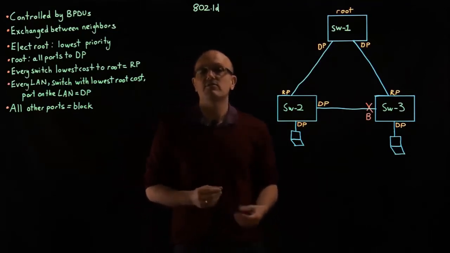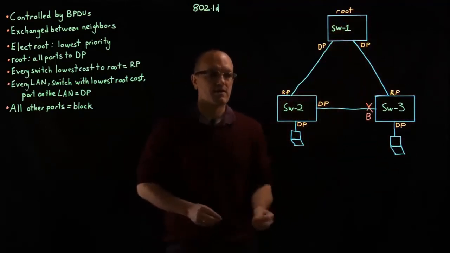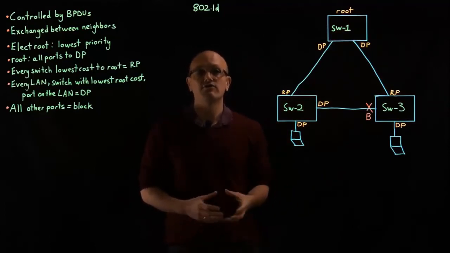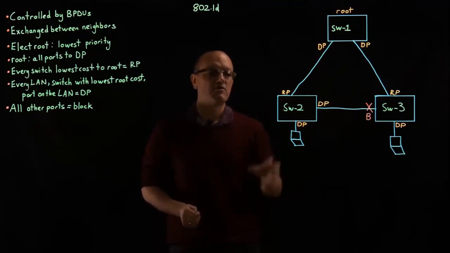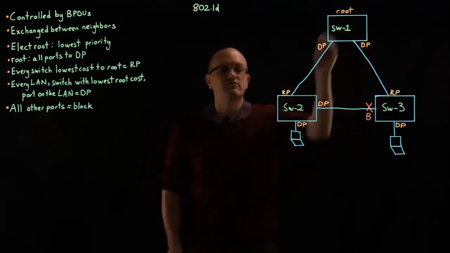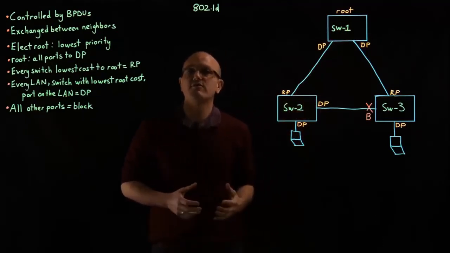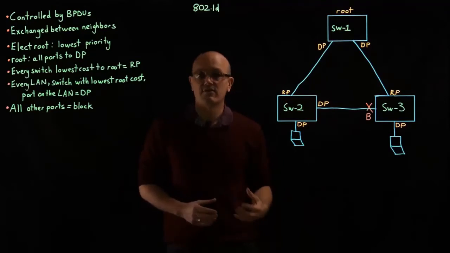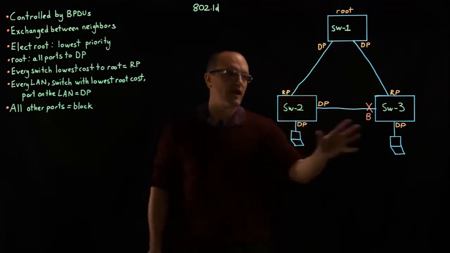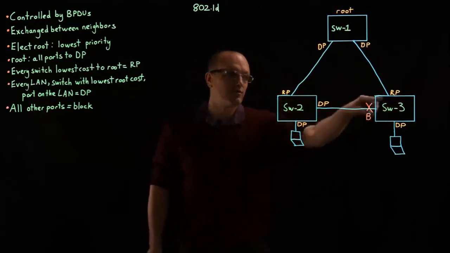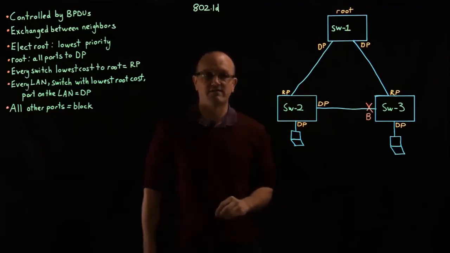And we determine the cost from every switch in the network to the root by adding the cost of the ports that have been traversed by the BPDUs from those switches to the root. This additive increase of cost of all the ports that are traversed by BPDUs gives us the total root cost. And the port with the lowest root cost on every switch becomes the root port. And root ports are also placed into forwarding state.